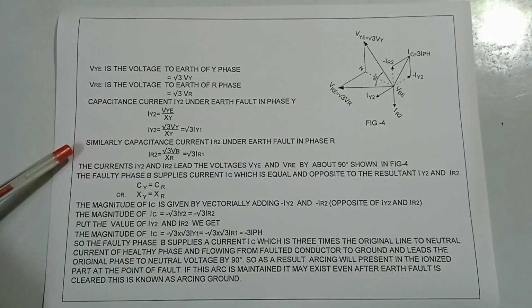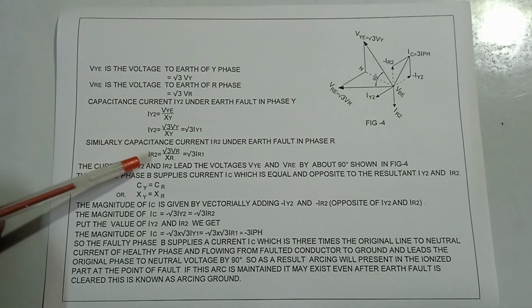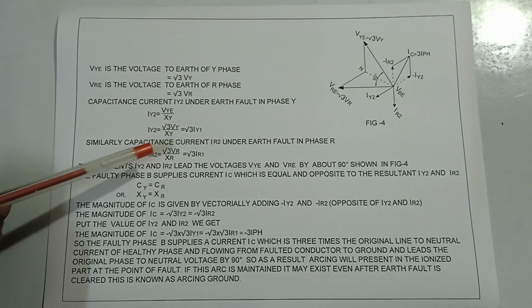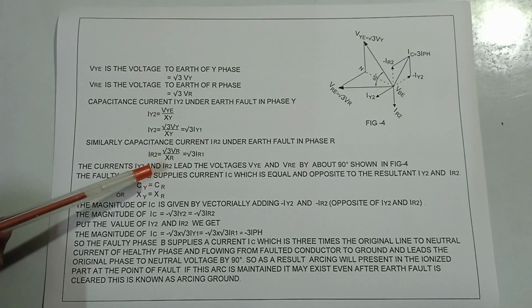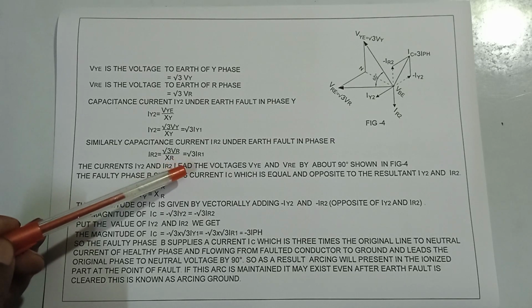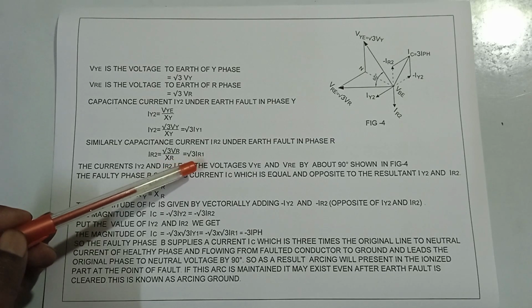Similarly, the capacitive current IR2 under earth fault in phase R is root 3 VR divided by XR, which is equal to root 3 IR1.